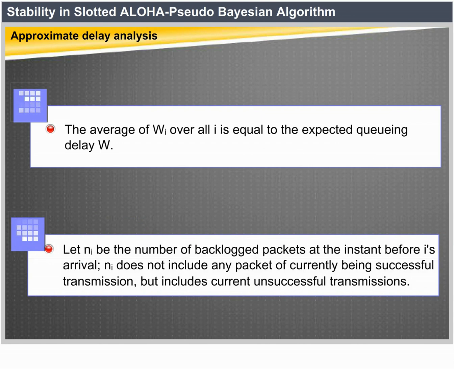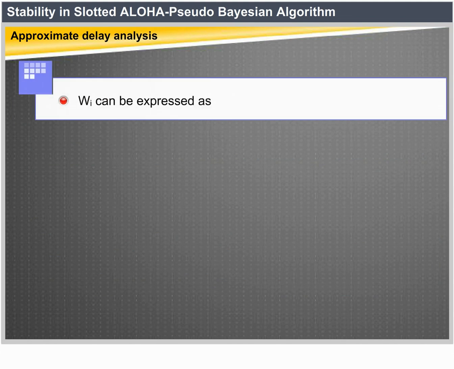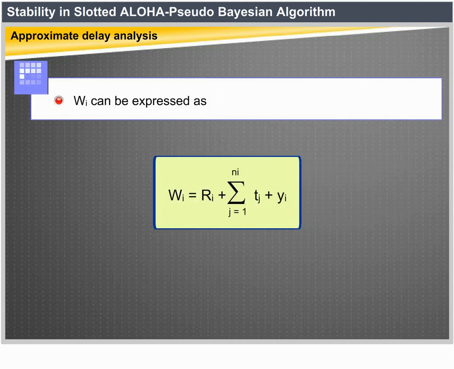N_i does not include any packet currently being successfully transmitted, but does include current unsuccessful transmissions. W_i can be expressed as W_i = R_i + Σ_(j=1 to N_i) T_j + Y_i.